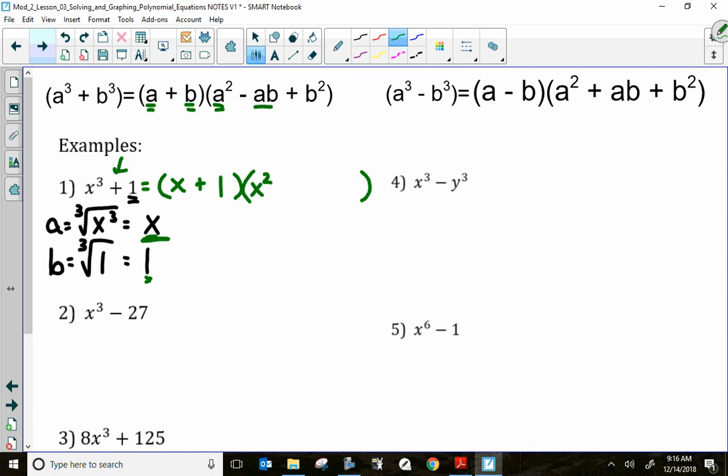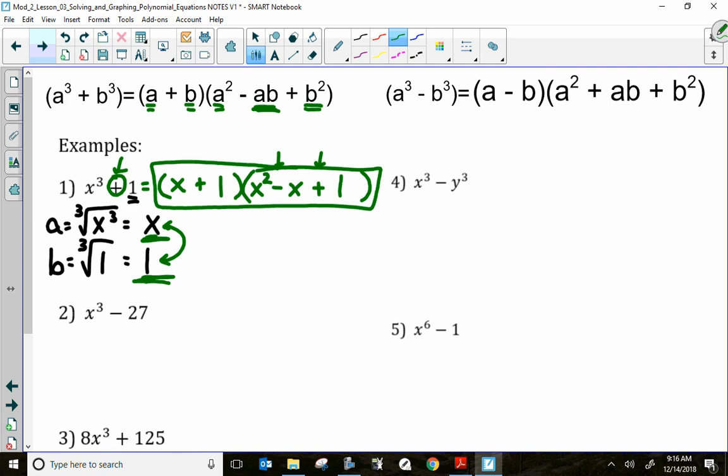I take A and multiply it times B. X times 1 is just 1x. And then I take my B value and square it. 1 squared is 1. And what about my signs? This should be the opposite of what I'm given, so it's a minus. And this is always a plus. Always, always. That's my answer.